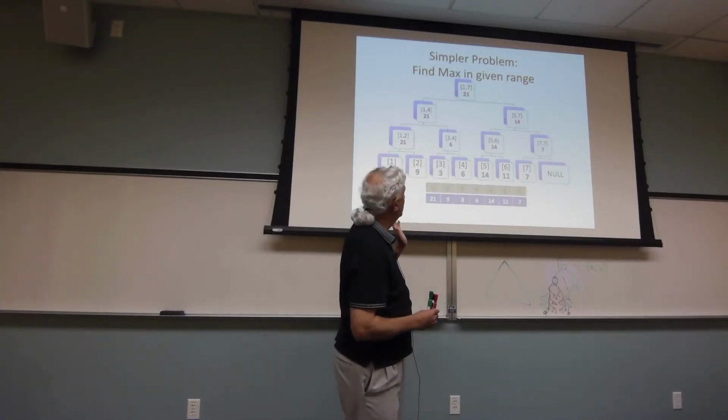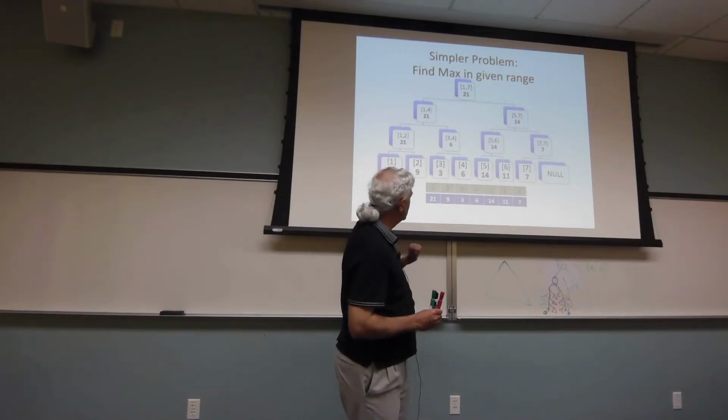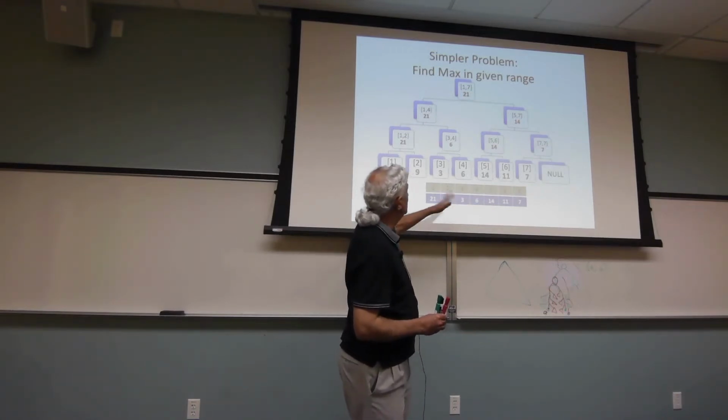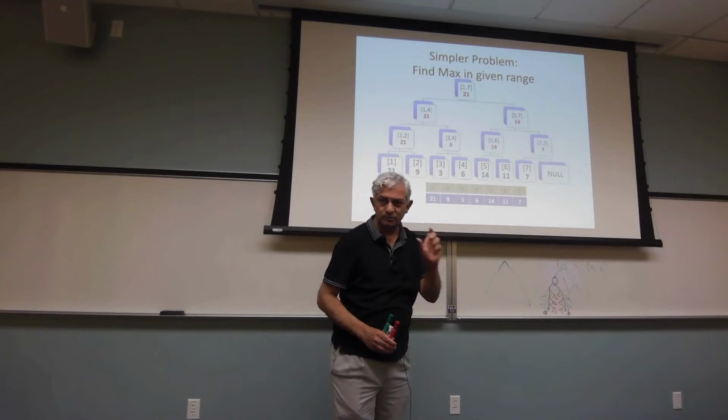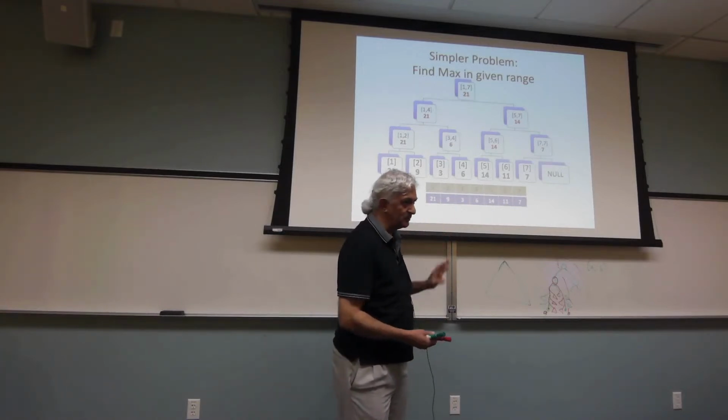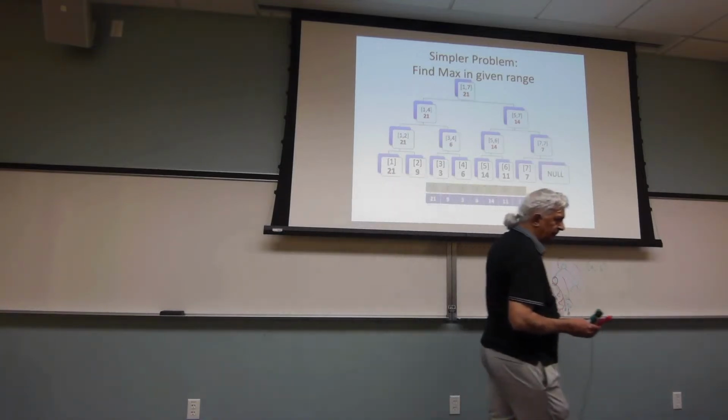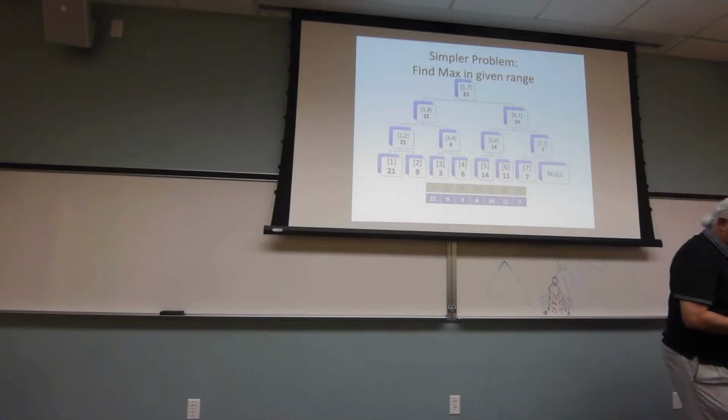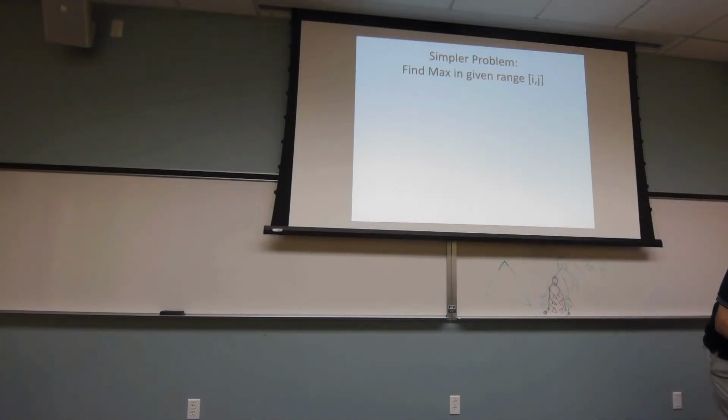And that's where everything works out, and finding the maximum in a given range, or the maximum frequency in a given range, can be done in this nice manner. I think my next slide has to do with positions, so this could be a little more complicated.